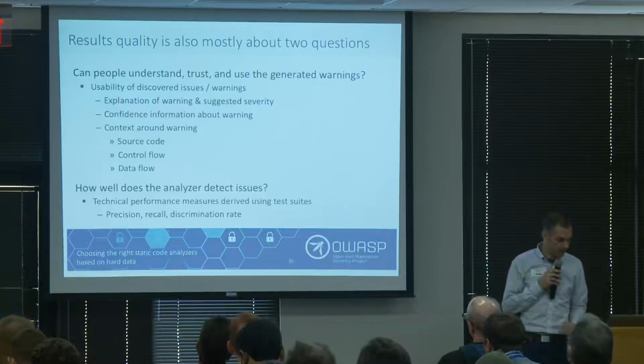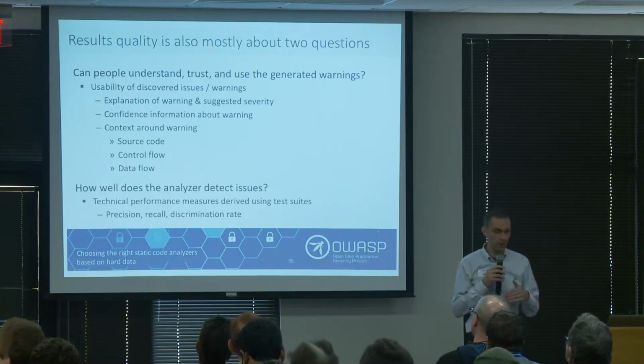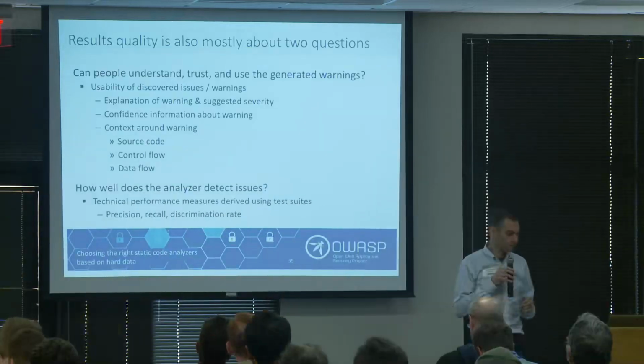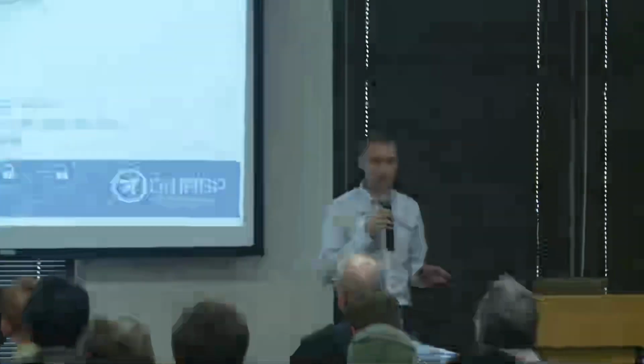And then how well does it detect issues? So the technical performance measures. Here we're looking at things like the ability of the analyzer to do recall on that coverage. Basically, how many different types of issues can the analyzer find?